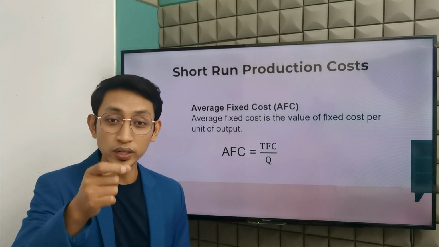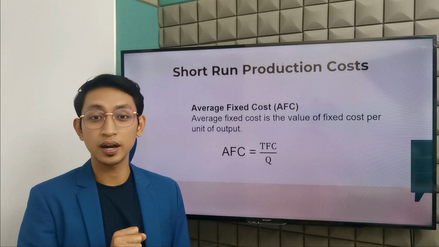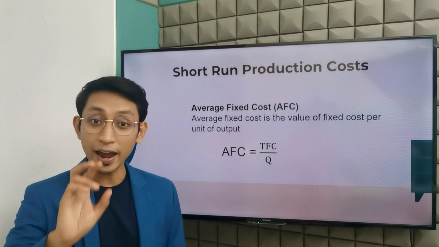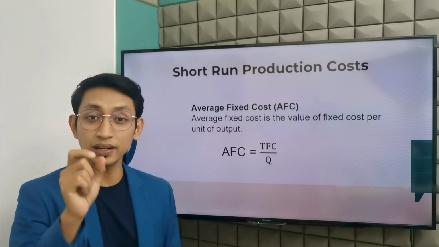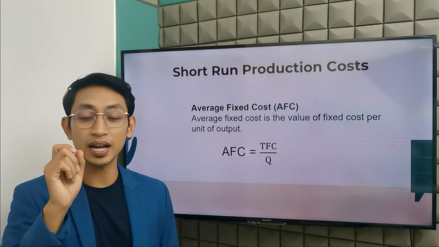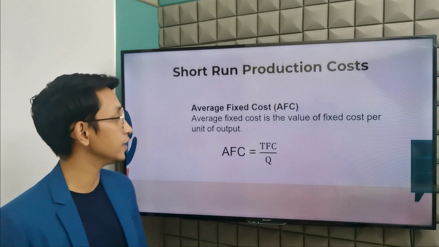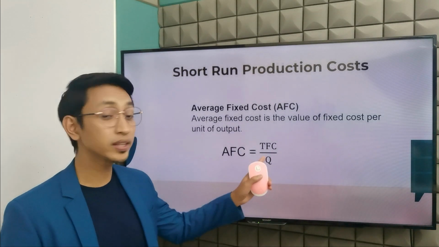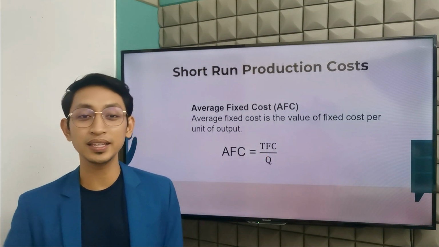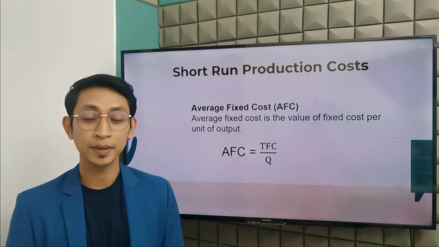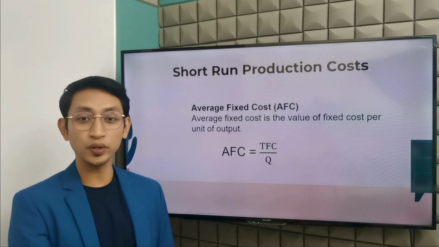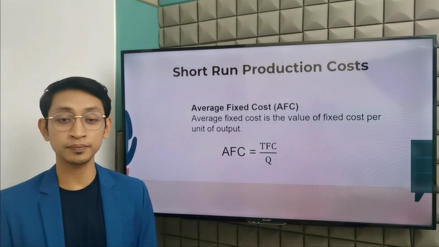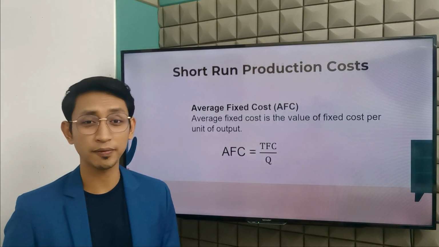For every unit of our total quantity output, how much is our total fixed cost? The formula to calculate AFC, average fixed cost, is total fixed cost divided by quantity of output. Meaning that the more output you produce, the less our average fixed cost will be. I will show the graph after this.